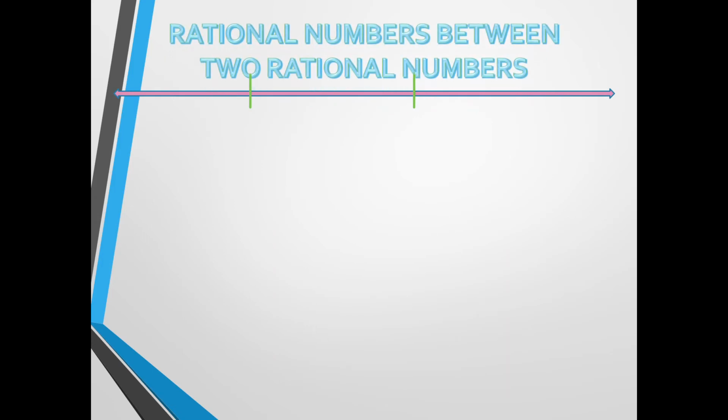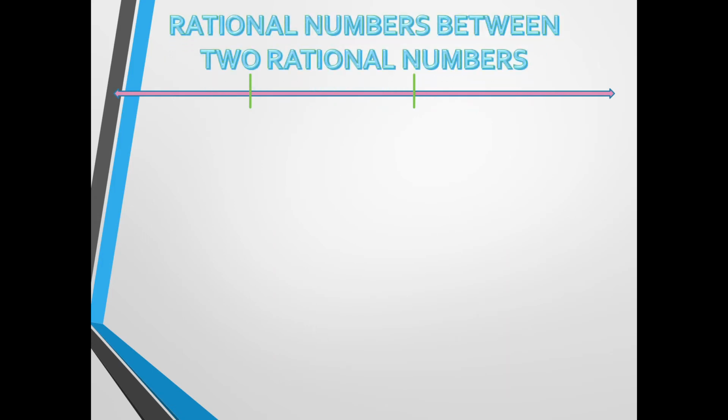Now let us take one number line and points on that number line, and we have to find rational numbers between these two points. Let us take one point on that number line, 7 by 11, and another point 8 by 11.